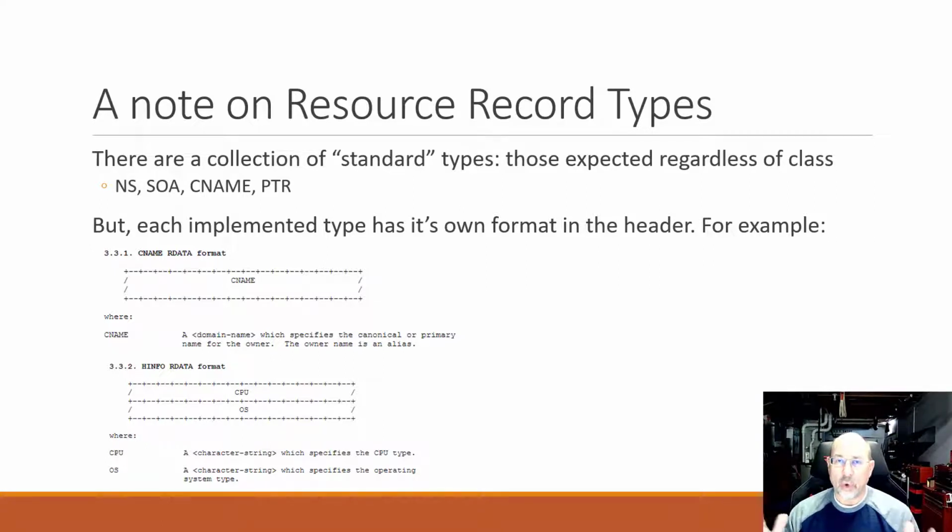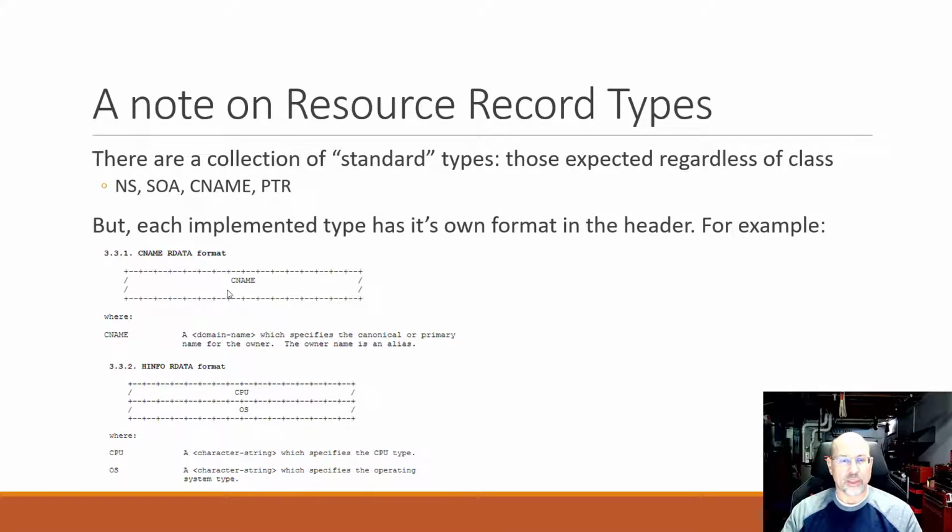Now each one of these has its own format. So an address record looks different than a CNAME record, which looks different than a pointer record. And so that means that when you type something in a query or a message, it has a different format. And so each type sort of indicates what the rest of the set of fields are going to look like.